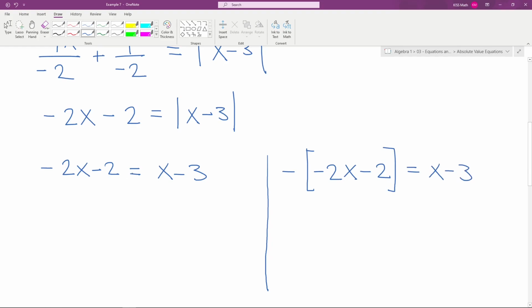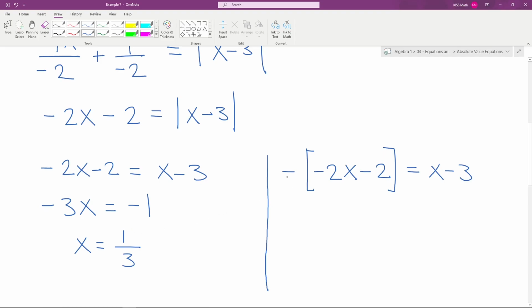So let's solve. I'm going to move all of my x's here to the left side. So if I move this x over, that'll be negative 3x. And I'm going to move this negative 2 over, so that'll be negative 1. And then I'll have x equals negative 1 divided by negative 3 is positive 1/3. So that's a potential answer.